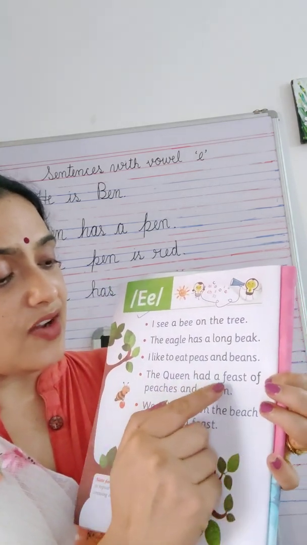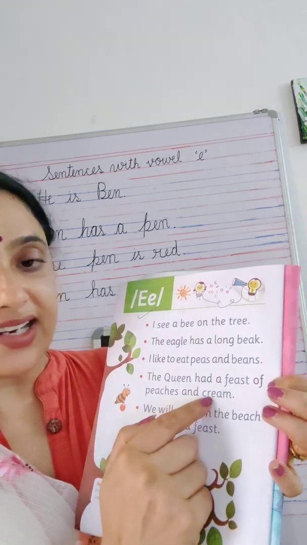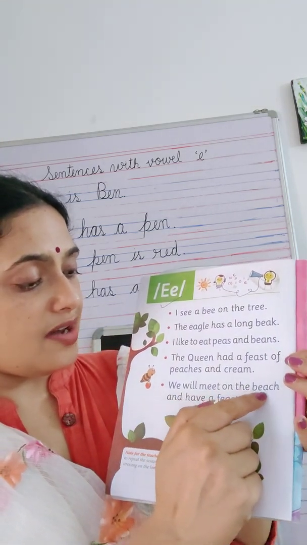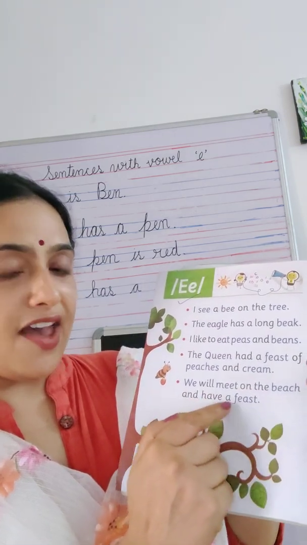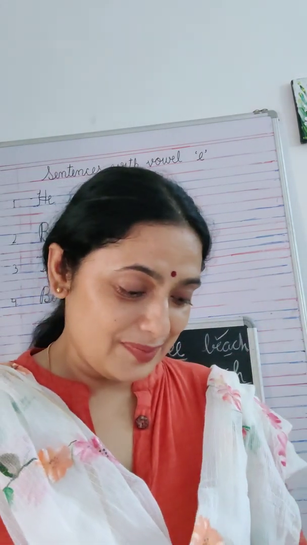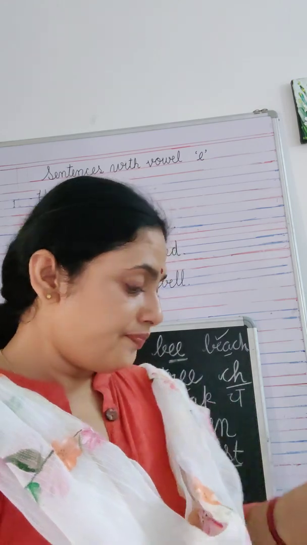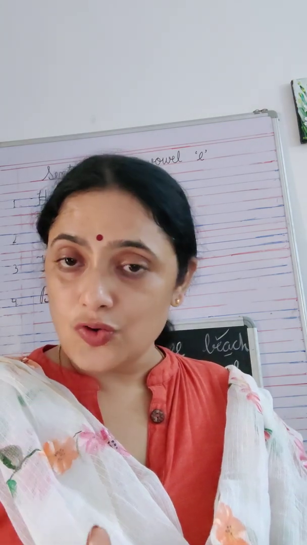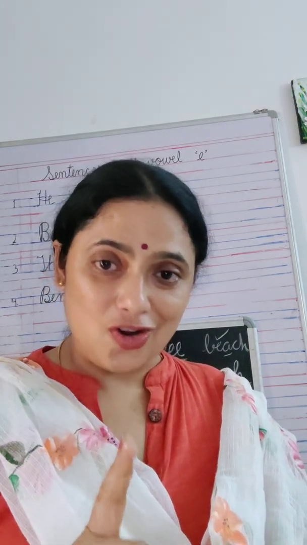The queen had a feast of peaches and cream. We will meet on the beach and have a feast. We have to stress the E sound because we have two vowels here, and the first one does the talking and gives us a long sound.